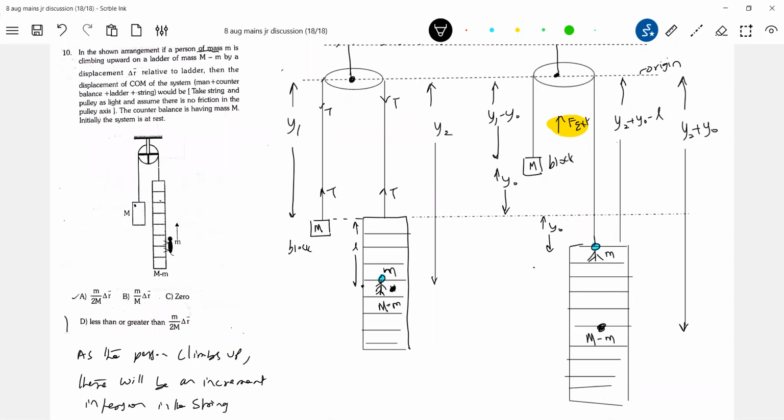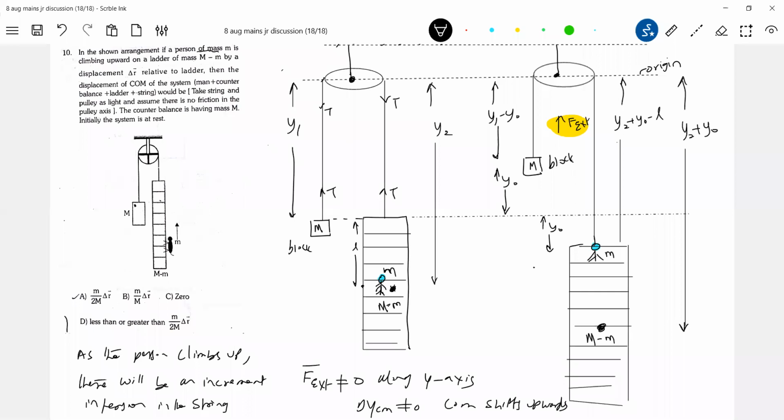So gradually what happens is the block M will move up, the ladder will move down, and the person will be climbing up. There will be an increment in tension. Therefore the net force along the y-axis will be non-zero. So what happened to the center of mass? It will shift. Therefore the center of mass shifts upwards. This is the idea, the background.